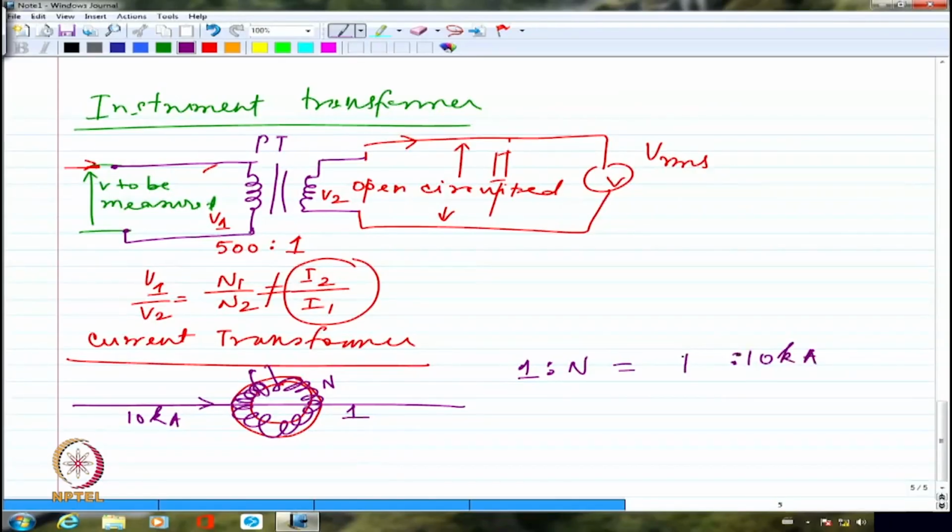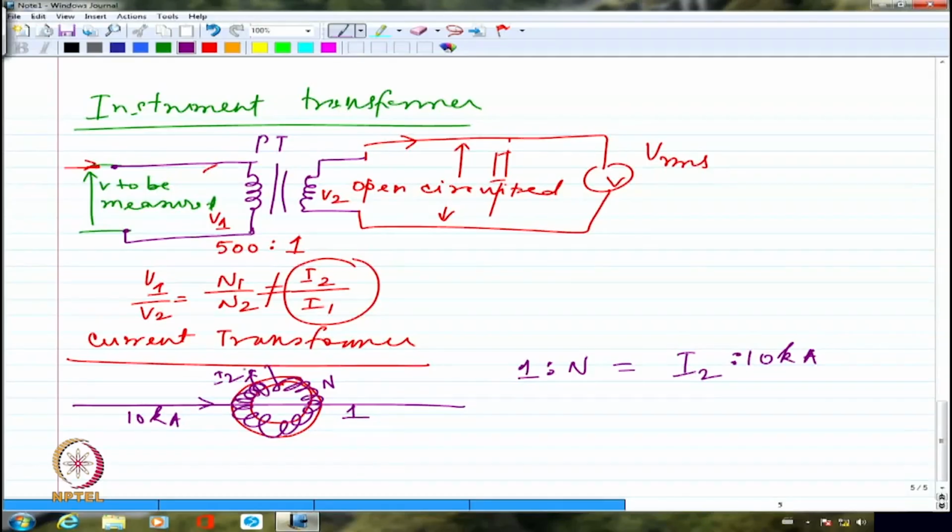See, this conductor is taken as one single conductor, which is actually equivalent to one turn, because the return you don't know where it is. And around that you are having a toroid which has N number of turns. So obviously the current I get here will be 1 by N times whatever is the current that is actually there in the conductor.